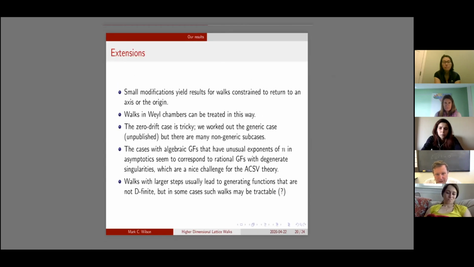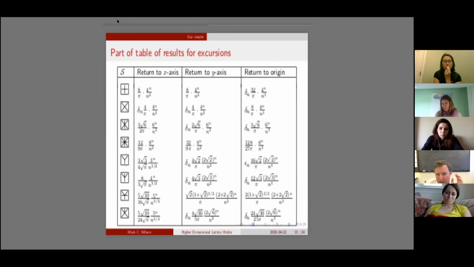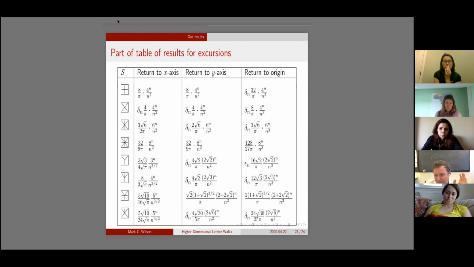So what are some possible extensions? Well, if you constrain the walks to return to the axis or to the origin, instead of just staying inside the first orthant, you get small modifications to the analysis, which enable us by a unified method to solve it. So for example, here's a fraction of the table you would get.